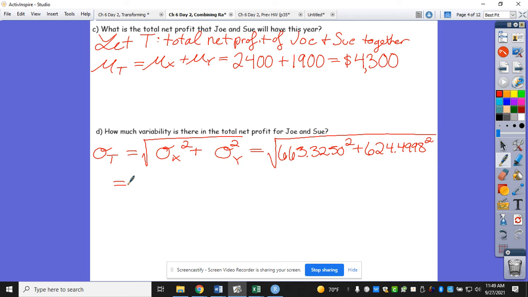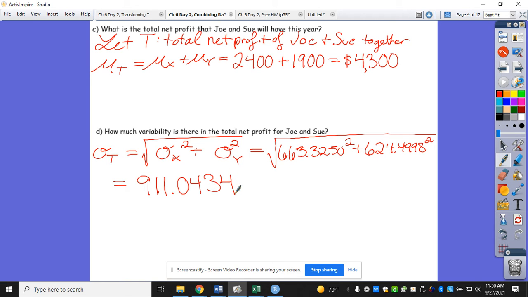And what is my new standard deviation? 9 what? Point. Do 4 decimals because we did 4 decimals. Oh, 4 what? Is it around the 3, 4, or 6? Yes.